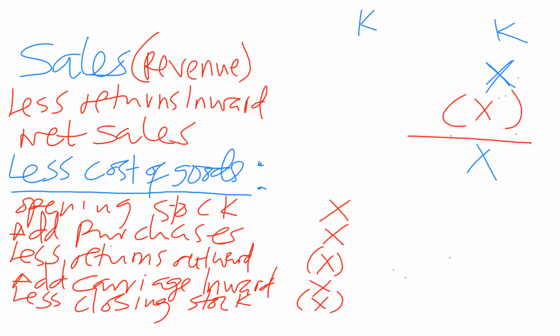Then whatever you get here, because we'll be adding here, add opening stock, add purchases. Then from that sum, remove the returns outward, which is same as purchases return. Then you will add the carriage inward. Then you will less the closing stock. The closing stock is just like the opening stock. It is not labeled that this is a closing stock.